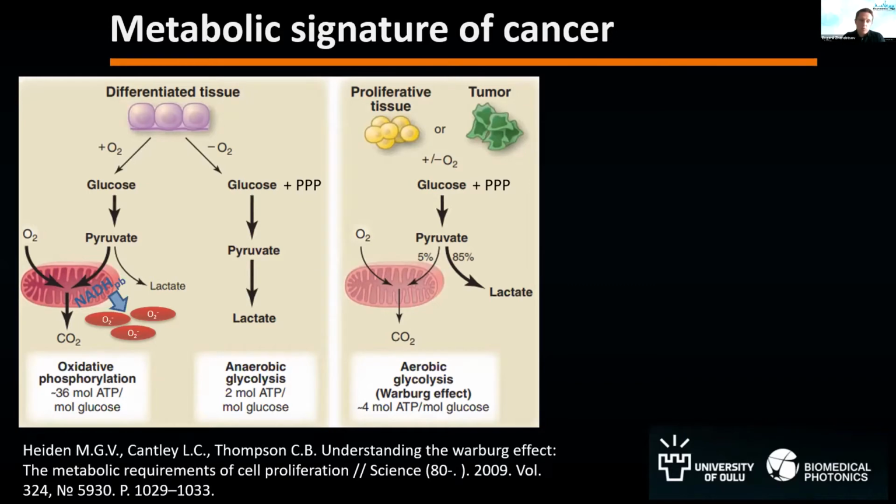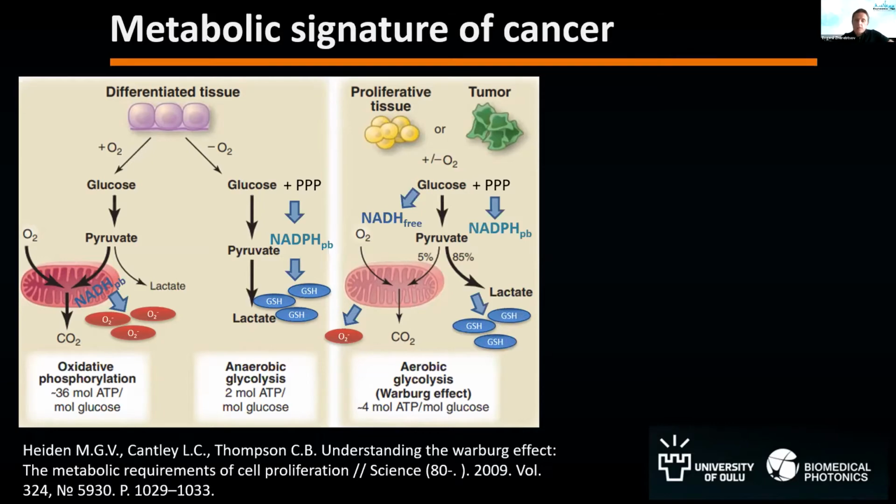And we know very well that oxidative phosphorylation is a major source of reactive oxygen species in cells, whereas glycolysis and especially the pentose phosphate pathway is a source of antioxidant substances in cells. And in cancer, it's known very well, there's the Warburg effect, a switch towards glycolysis instead of oxidative phosphorylation.